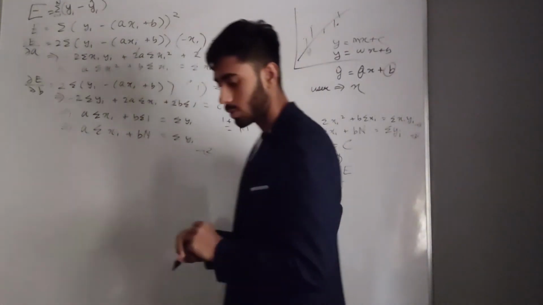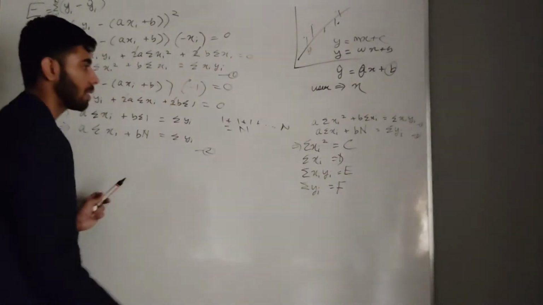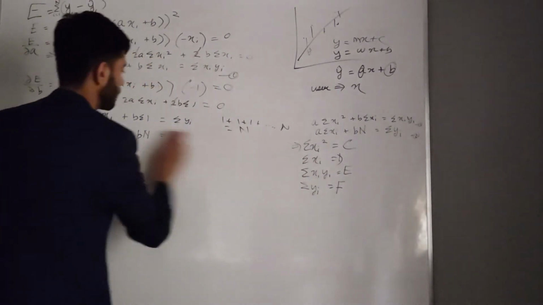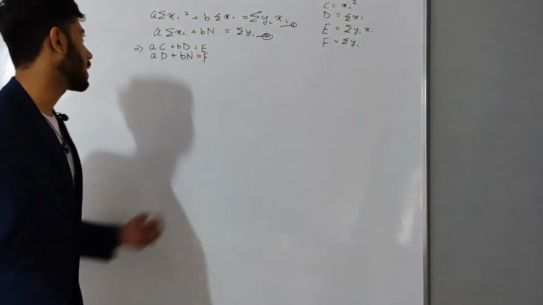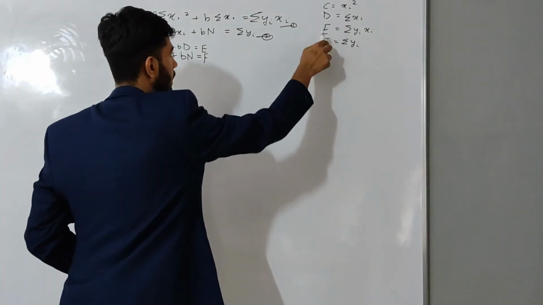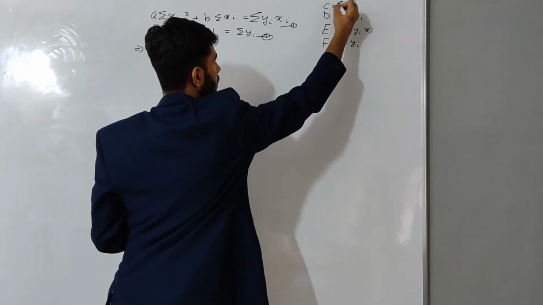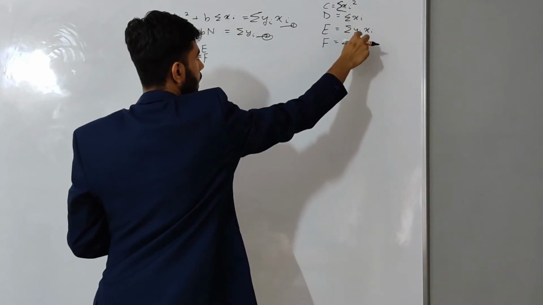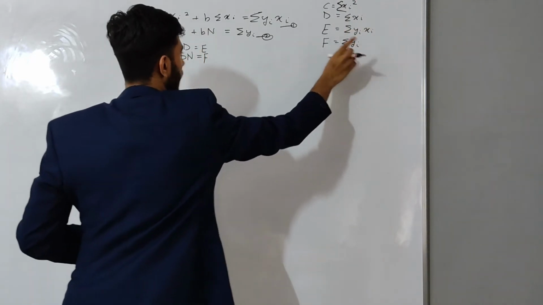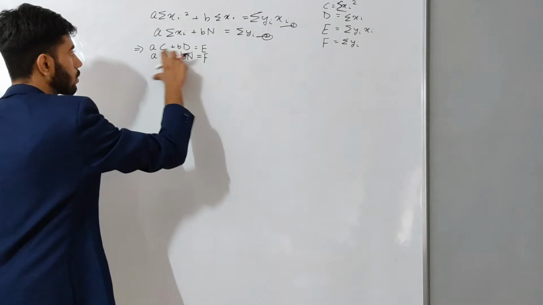So I'm going to write these equations all over again with these new substitutions. Now I have substituted the values of c, d, e and f in place of summation of xi square, summation of xi, summation of xi yi, and summation of yi. So I have rewritten those two equations.